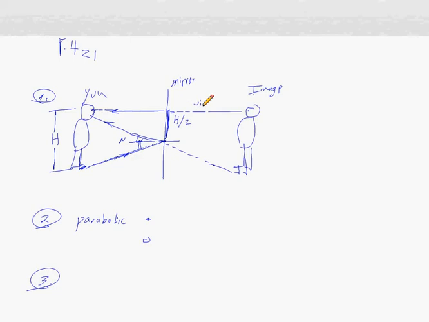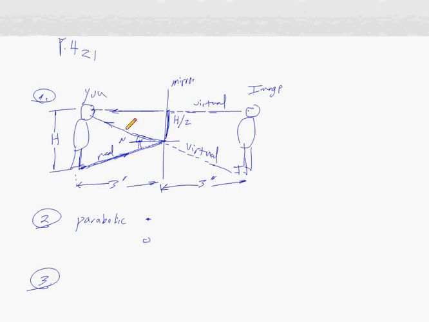Notice that these rays are virtual. These are virtual rays, and if you're standing, let's say, 3 feet in front of the mirror, your image will be seen as if it were 3 feet behind the mirror. So the light ray coming from your foot, this is a real ray.